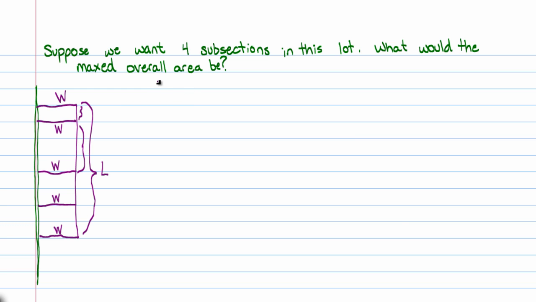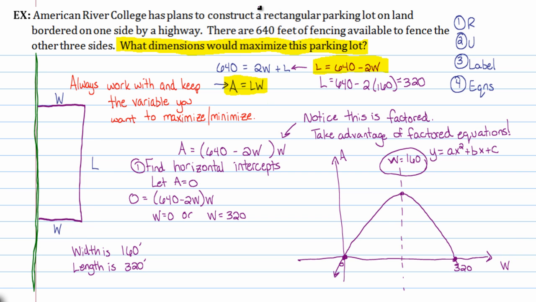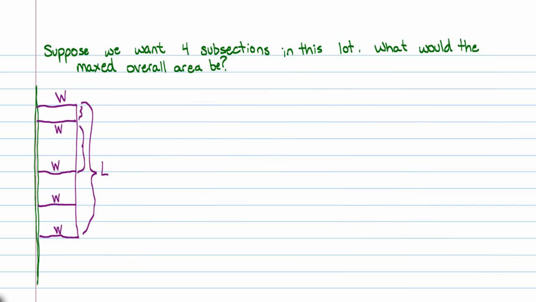All right, so I've read the problem, I understand what's going on, I've drawn a picture, I've labeled my unknowns. Let's create some equations. And let me switch to a smaller pen for this. First of all, it's the same problem as previous. We have 640 feet of fencing. So I know that 640 feet has to be used up by that L plus 1, 2, 3, 4, 5 of those W's.